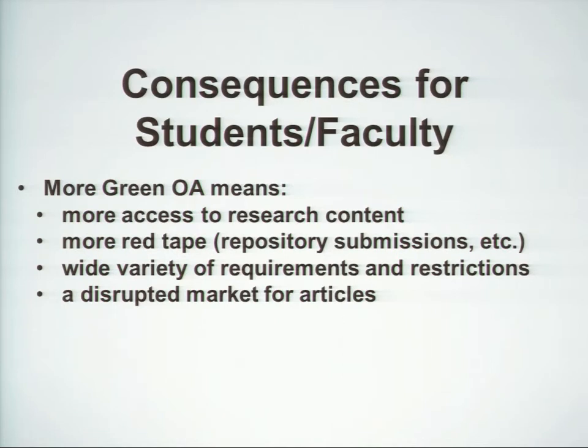And it also means a disrupted market for the articles that you are selling. As an author, you are selling articles to publishers. You are handing over your copyright in return for the services that the publisher provides. The shorter the embargo under a green model, the less likely it is, and this may be a bit of a stretch, that publishers are going to stay in business.